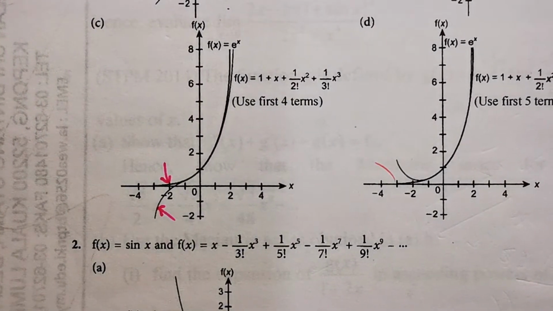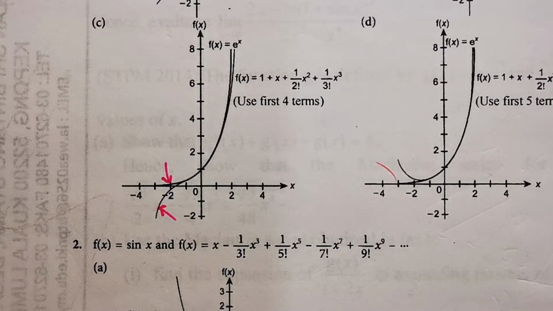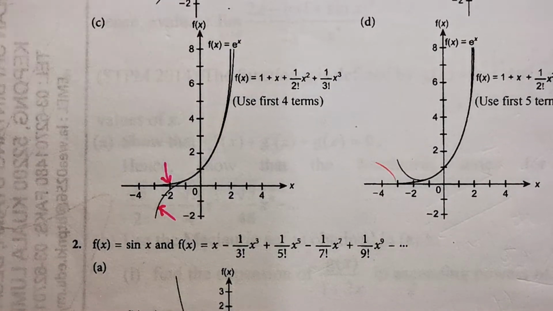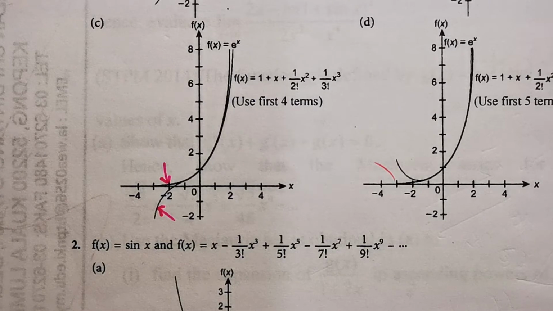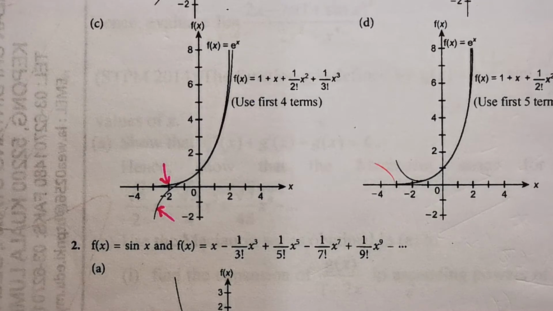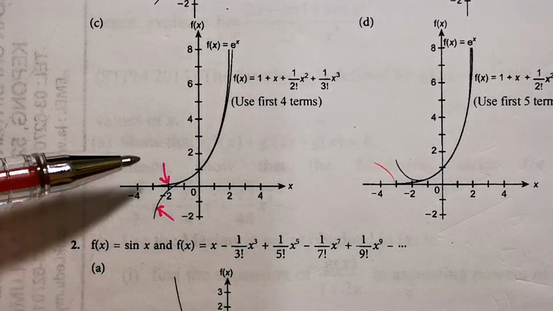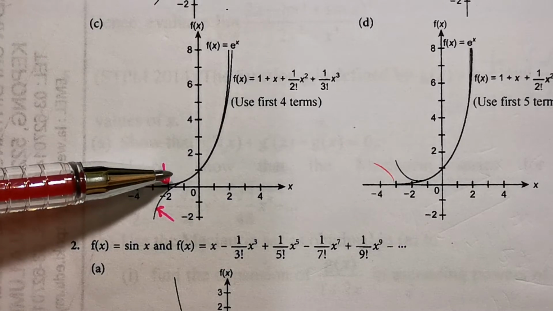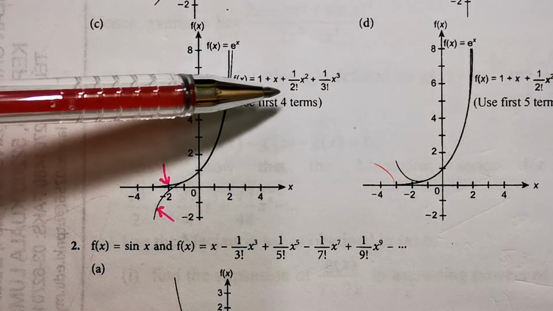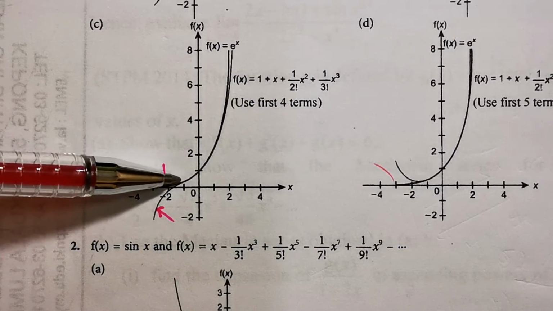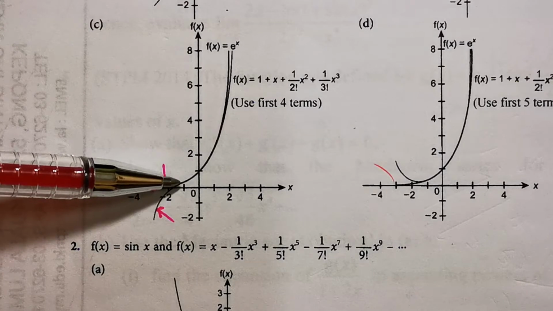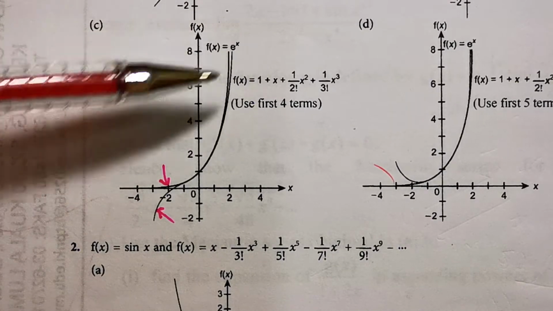except here. This is why, remember, when we find a standard Maclaurin series, we have to write the interval of convergence. It means that when x takes certain values, the series is really close to the actual function already. So for this one, if we take this as the approximation, the interval of convergence will be something more than negative 1.5, because beyond that it is very close to the actual function already.